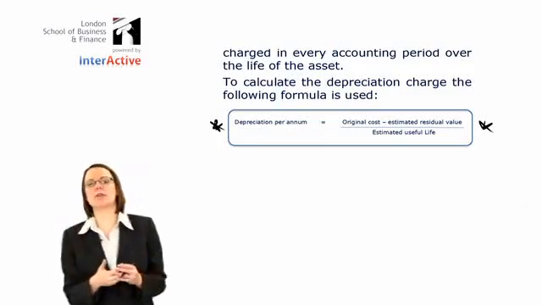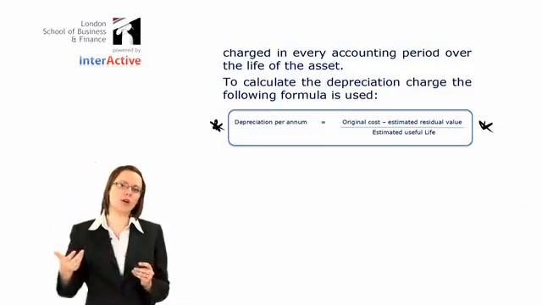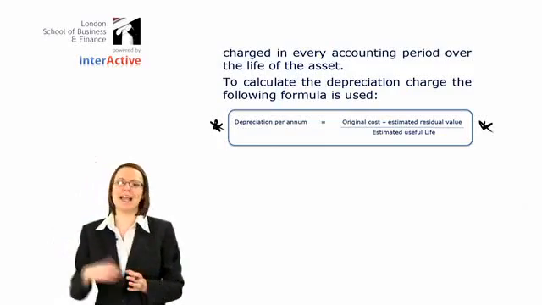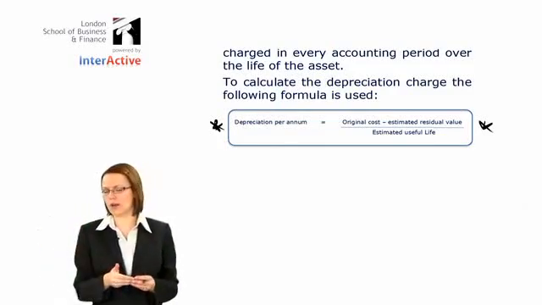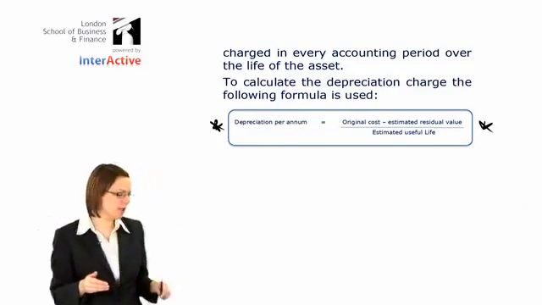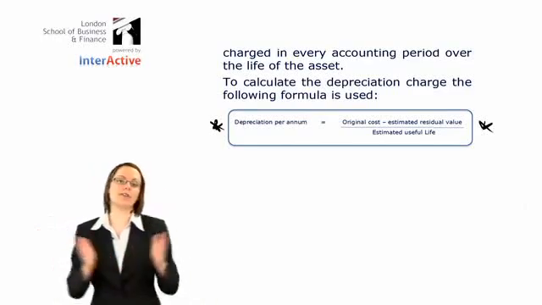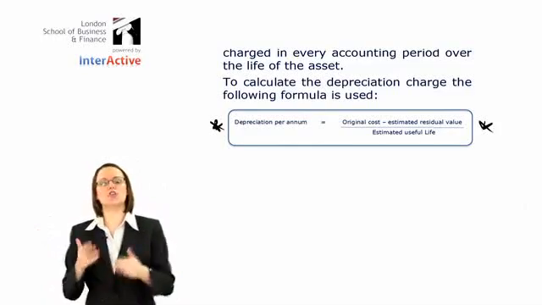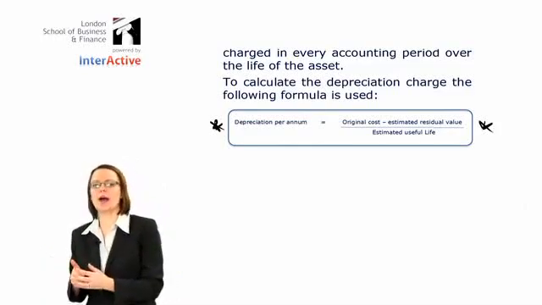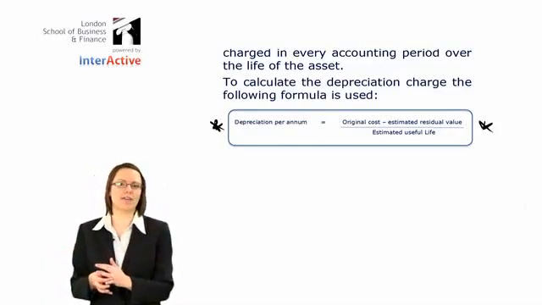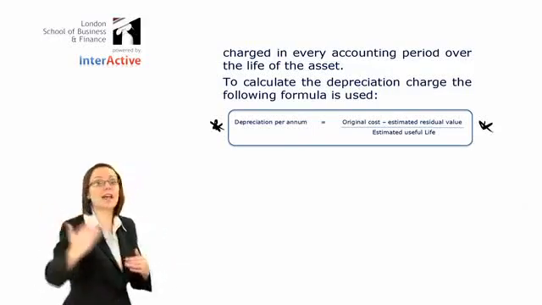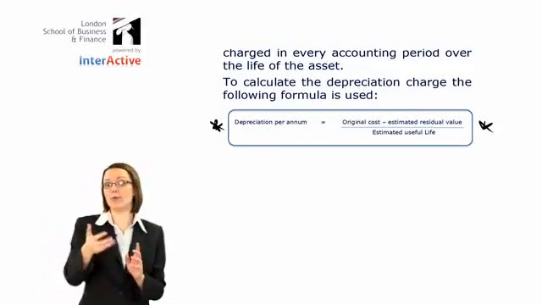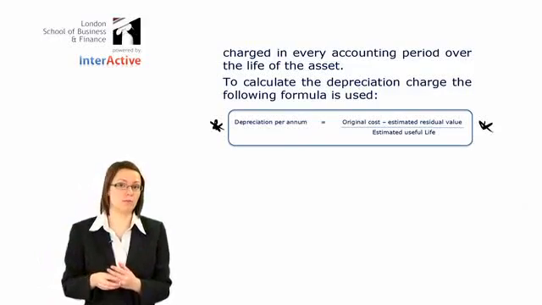So how much do we think we're going to be able to recover from that asset at the end of its useful life? So, if I've got a machine that has a life of 10 years, how much residual value do I think the asset will have at the end of its life? So how much could I sell that asset for? Or how much could I scrap it for?